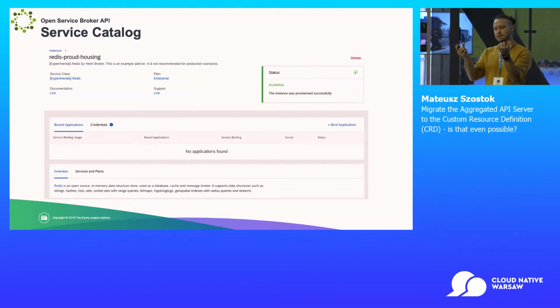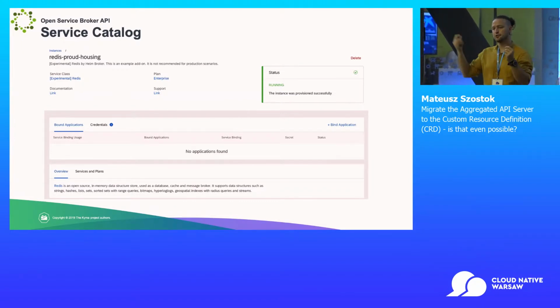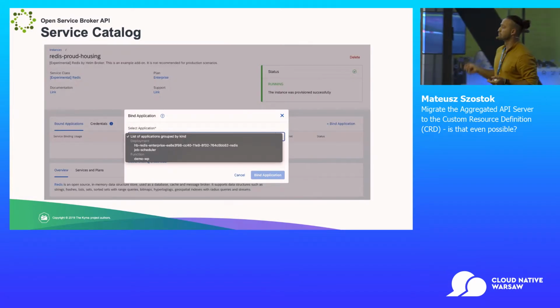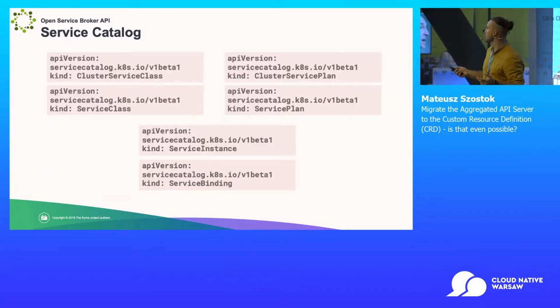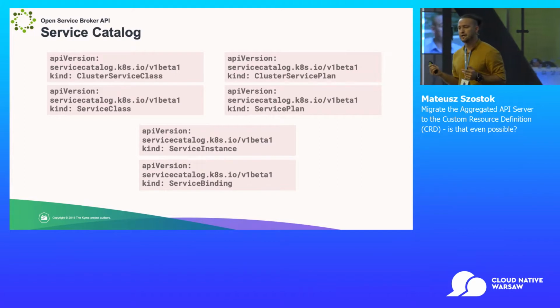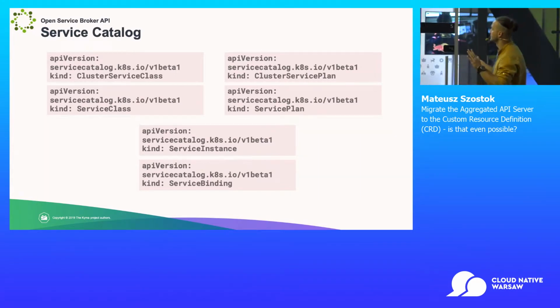Binding means injecting all necessary information into your application, which you will use to connect to that instance. For example, URL, password, and username, right? So to implement that logic, Service Catalog basically extends Kubernetes with 6 custom resource definitions, with 6 kinds.